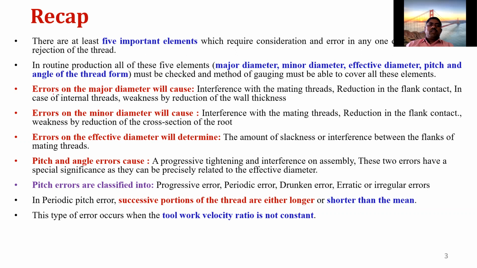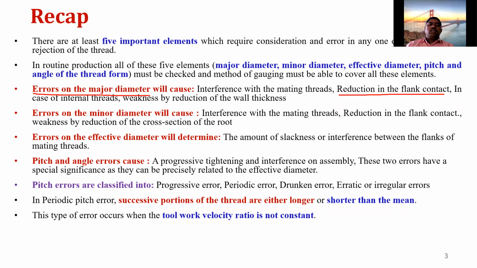And we discussed the effect of major diameter on the accuracy of the screw thread. If there is any error in the major diameter, that will cause interference with the mating threads, and the error in the major diameter will reduce the flank contact.